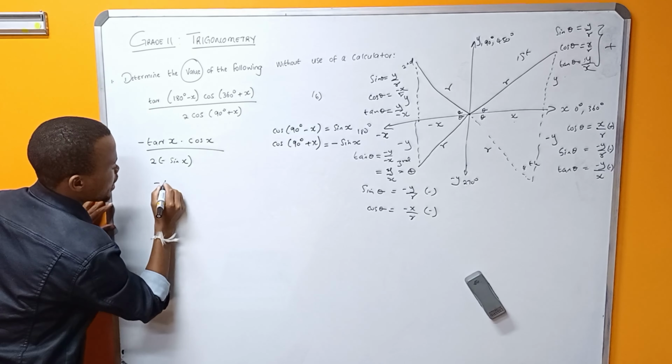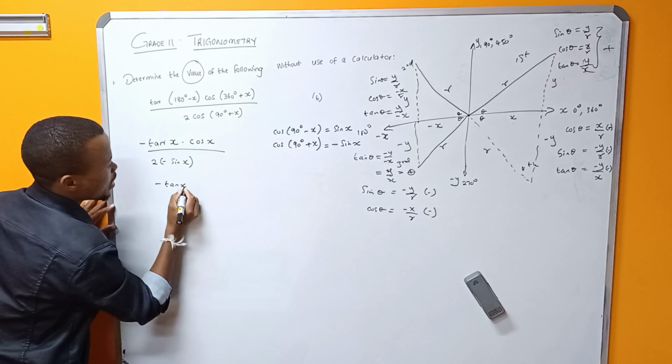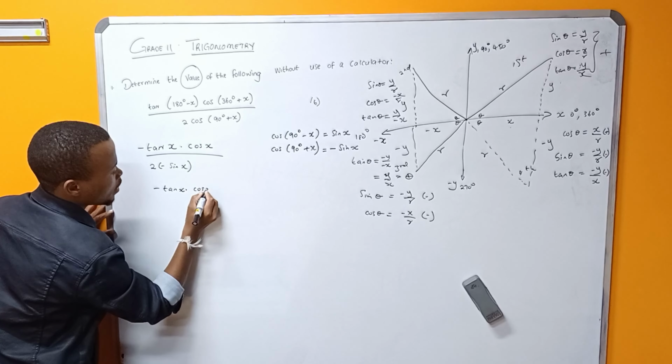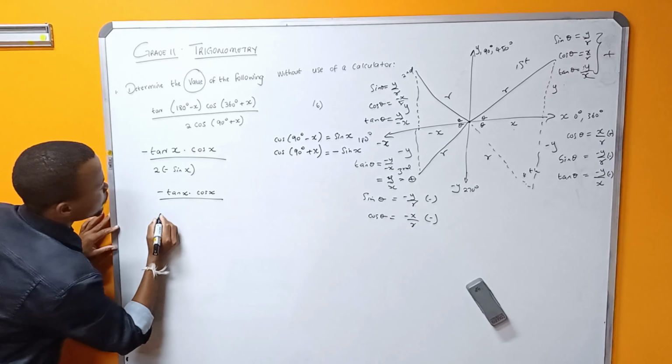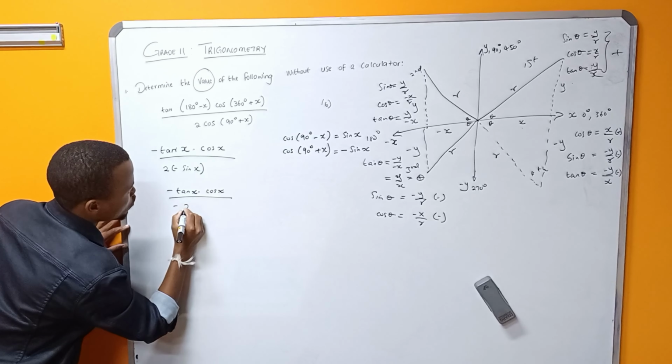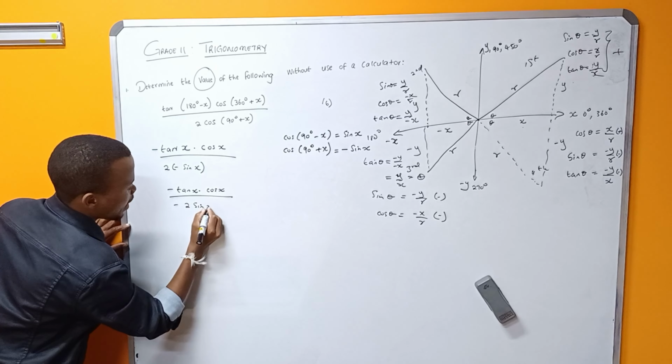So we have minus tan x times cos x over minus 2 sine x.